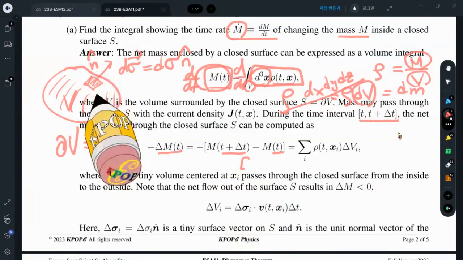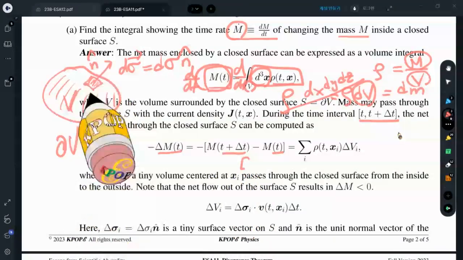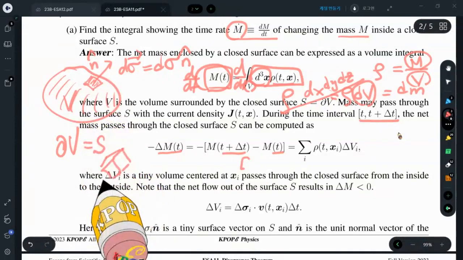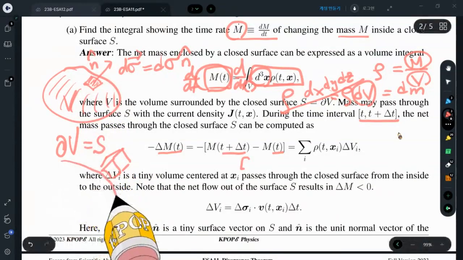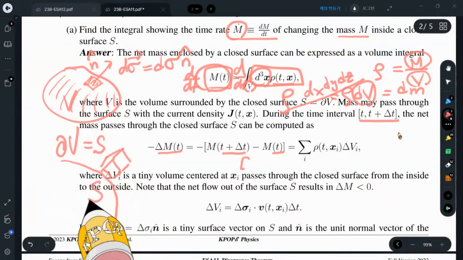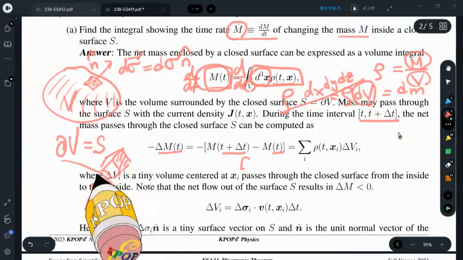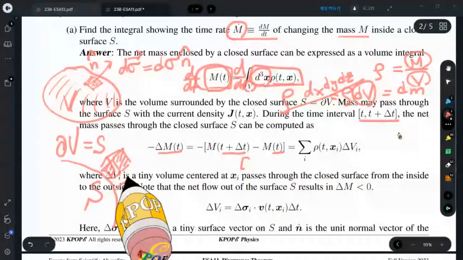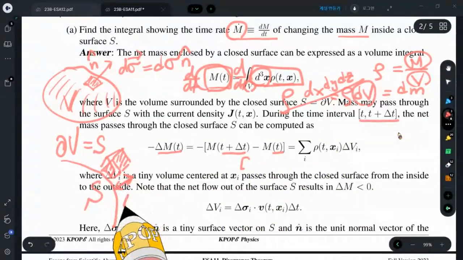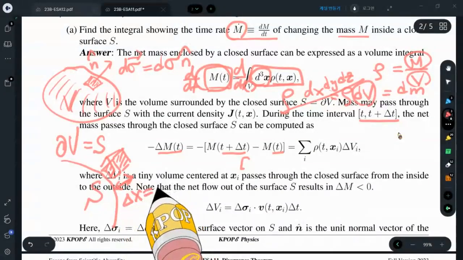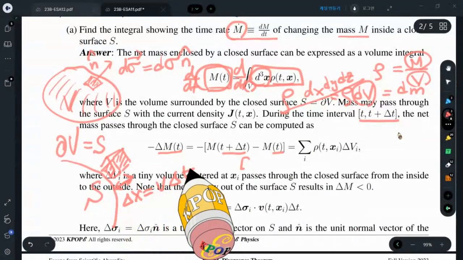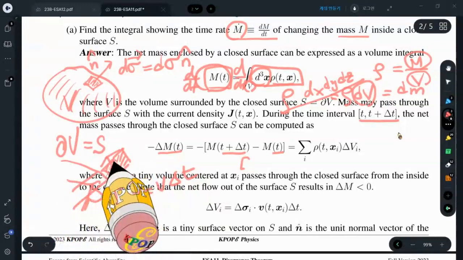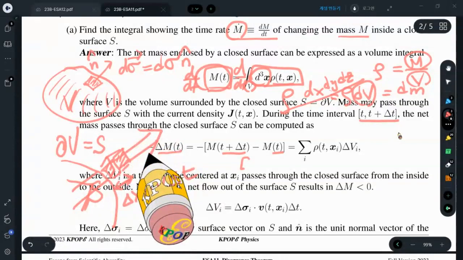Here, if I think about a flow of mass passing through this surface, this is a surface, and this is the cross-sectional area, and during delta t, there is a motion by delta x equals v delta t. So mass flow comes out of the surface in this direction.